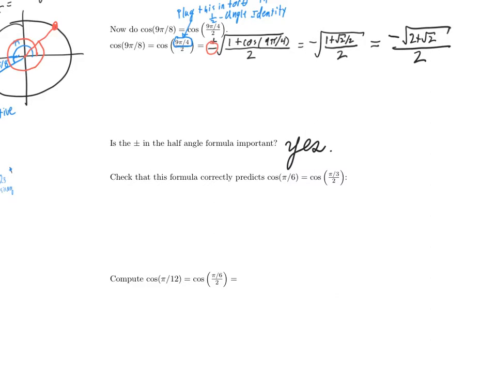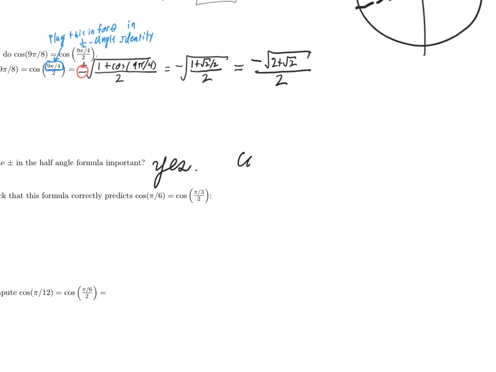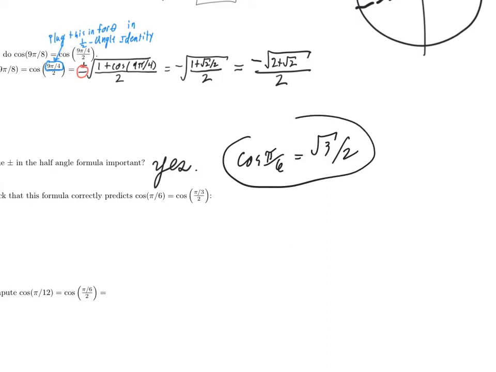So let's just go through and see if this correctly predicts some things that we already know. So you already know what the cosine of pi over 6 is. It's the square root of 3 over 2. But pi over 6 is half of an angle that you know.